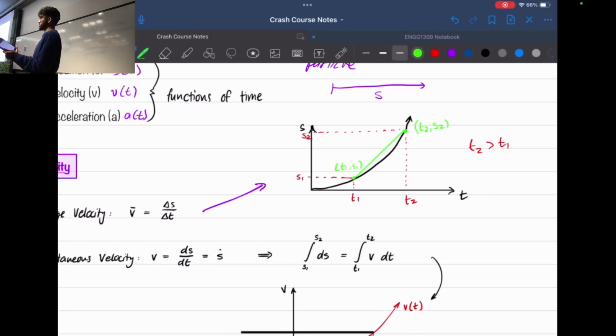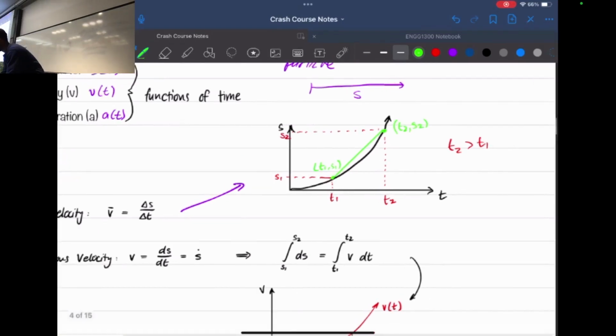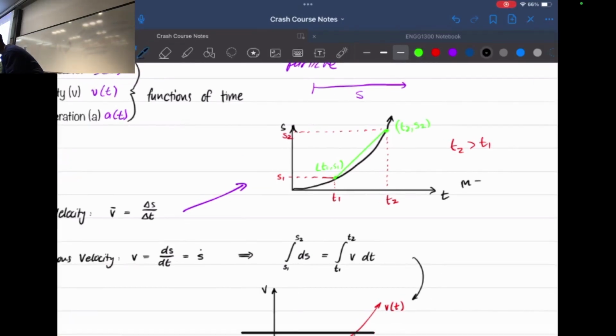And using our gradient formula that we learned all the way in like year 9 and year 10, m is equal to rise over run, or more commonly, y2 minus y1 over x2 minus x1.